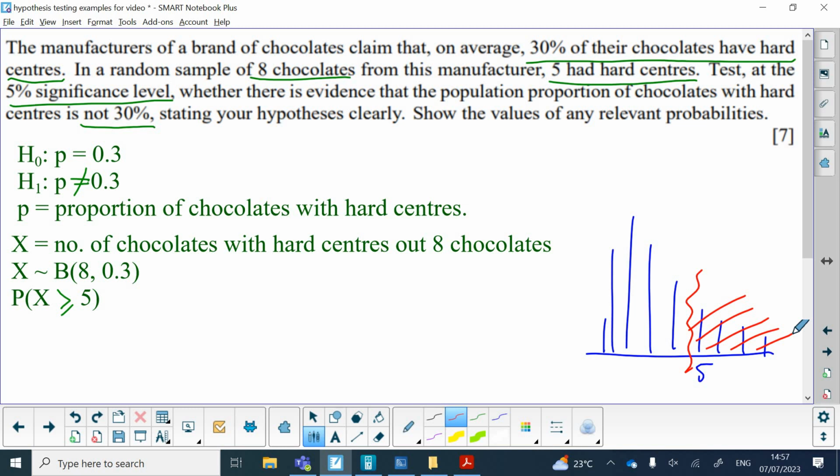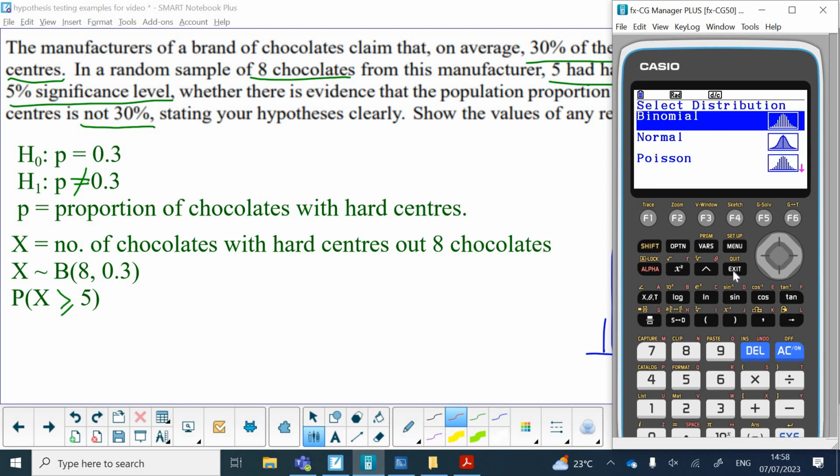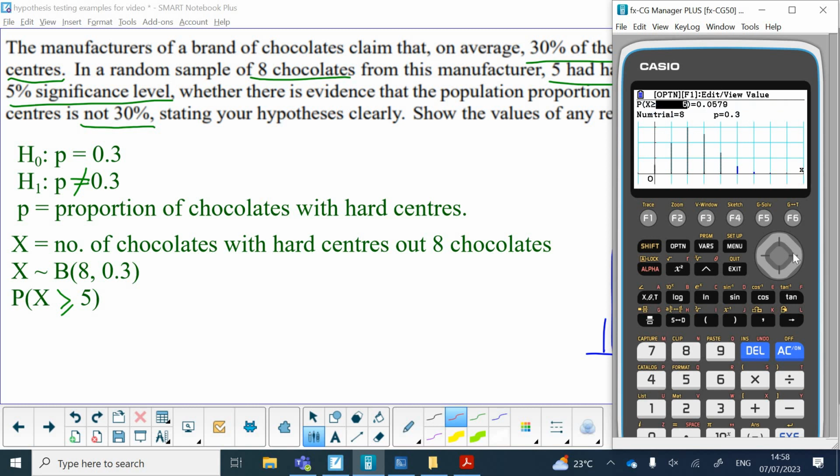So, on the calculator, I want to be in my distribution menu, binomial. I want to do the greater-than tail. I have observed 5 hard chocolates. My number of trials is 8 and my chance of success is 0.3. Then let's have a look at this probability.